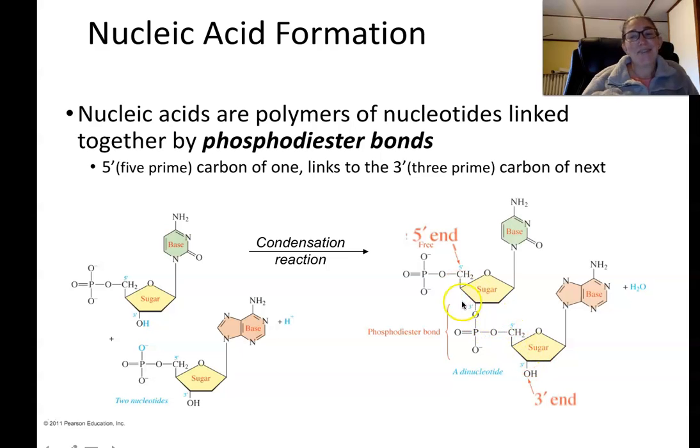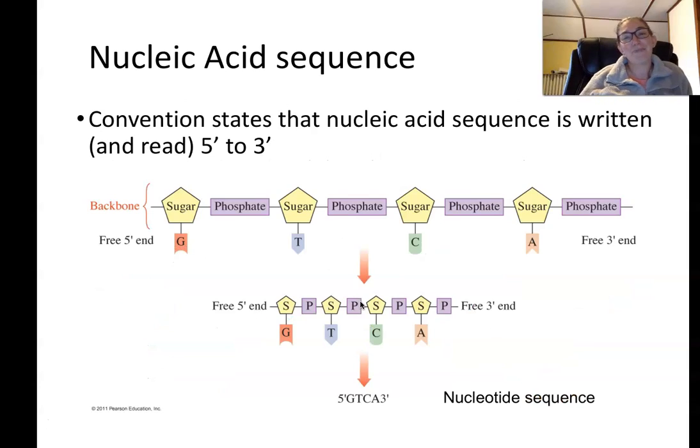They're linked from 5' to 3' end. The 5' and 3' ends are where the phosphodiester bond forms. So when we talk about the nucleic acid sequence, I said we read it from 5' to 3'. So this sequence would be read GTCA, not ACTG. It would be read from the 5' to 3'.